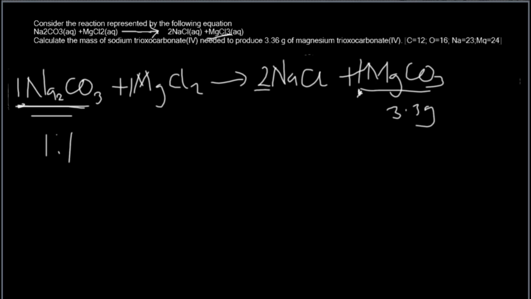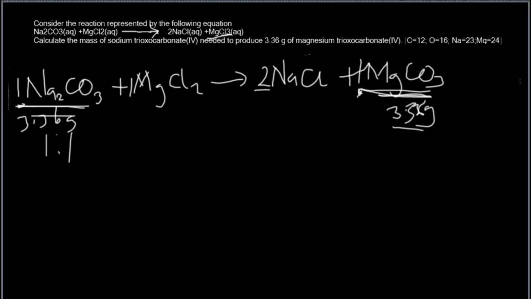Therefore, it means either moles of MgCO3 will be the same for the Na2CO3. So the mass is 3.36 grams. It means the mass here will be 3.36 grams.